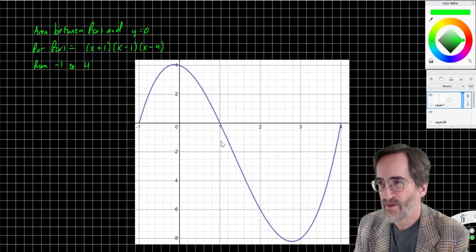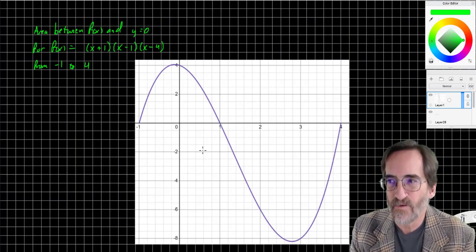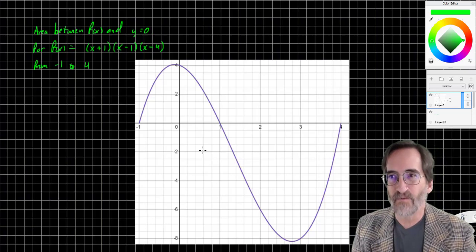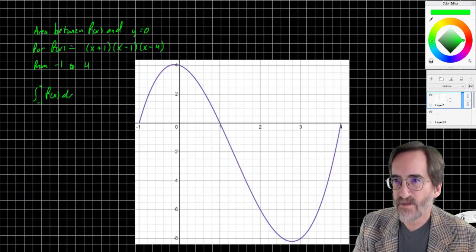All right. And we're interested in the area between the curve and the x-axis. Now here's what's going to happen if I take the integral from -1 to 4 of f of x dx.